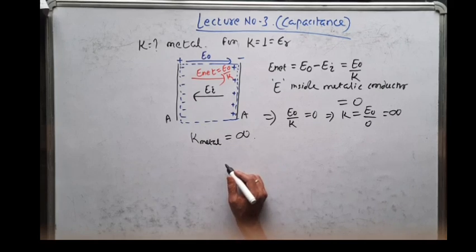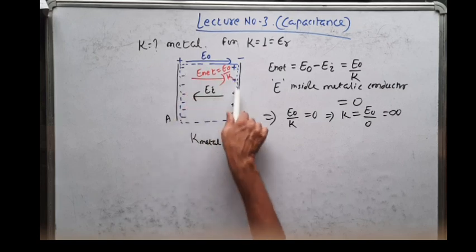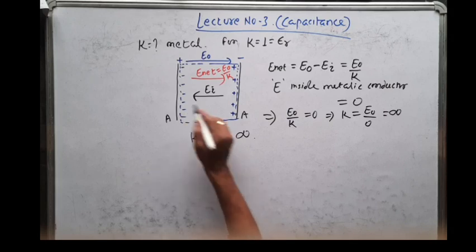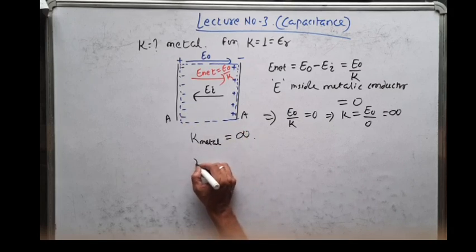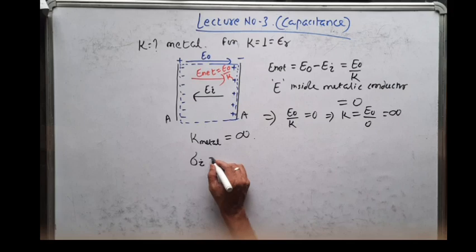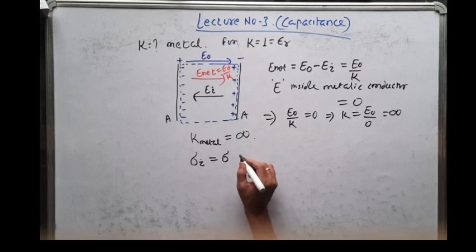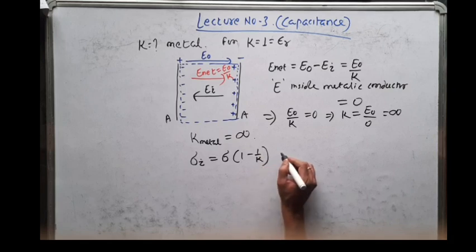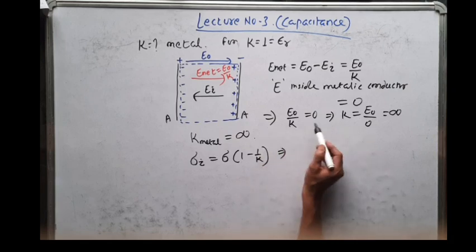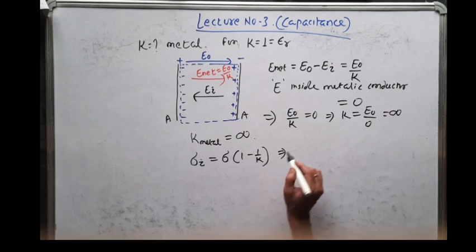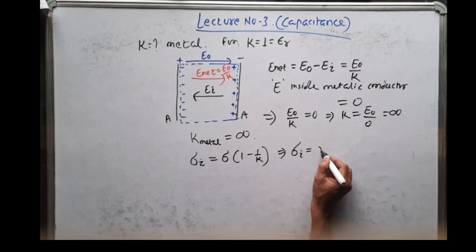Then what is the charge induced in this metallic sheet inside the capacitor? We know the relation: the surface charge density due to induced charge is equal to the surface charge density due to given charge into 1 minus 1 by K. In this case, K is equal to infinite, so 1 by infinite is 0, that implies sigma I is equal to sigma.